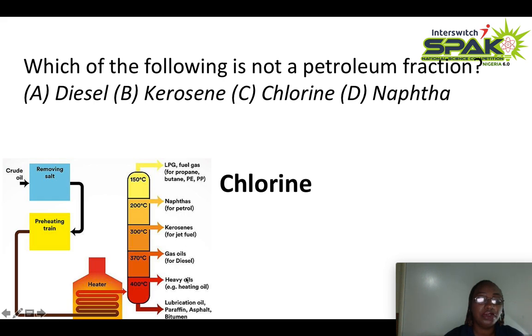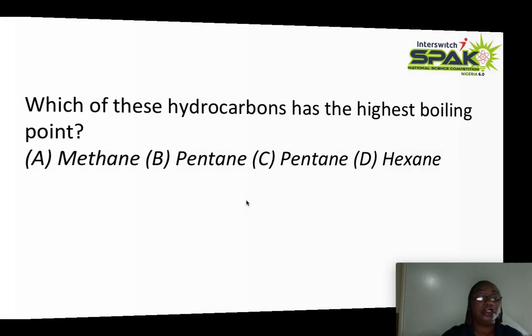We have gas oils for diesel, heavy oils, and you also have your lubricating oil. You can also have bitumen, which is used in making or tarring of roads. So this is a reminder of fractional distillation of crude oil. So chlorine is not a petroleum fraction at all.